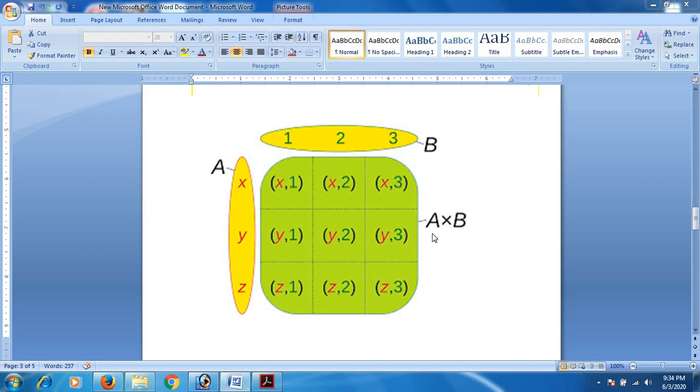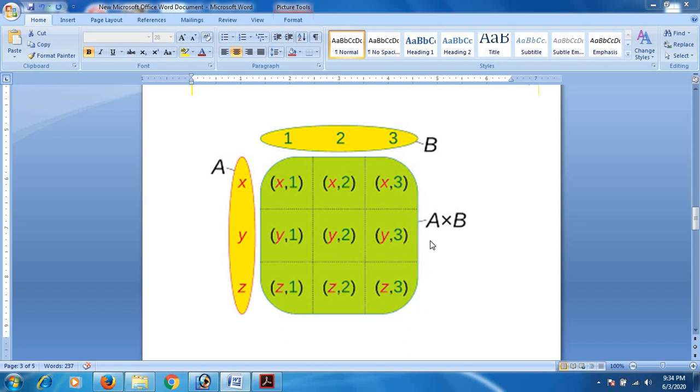So when we write A cross B, first we start with the A element: (x, 1), (x, 2), (x, 3). The B element has to be second. The same way, (y, 1), (y, 2), (y, 3). (z, 1), (z, 2), (z, 3). This is A cross B.